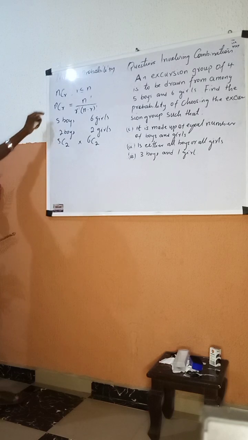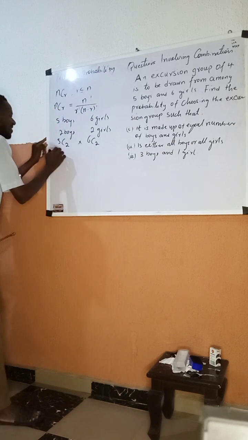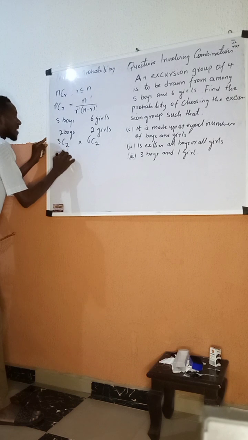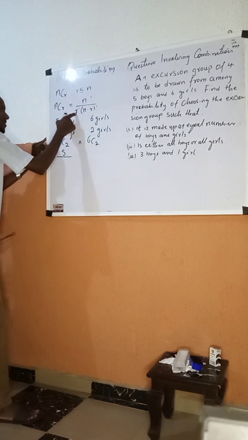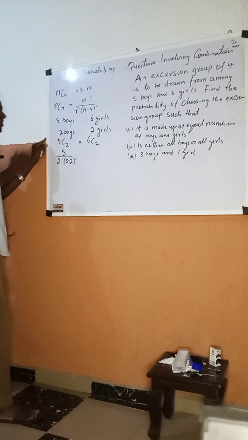And I'm going to express this 5 combination 2 the manner I expressed N combination R. This will become 5 factorial in place of N all over, then in place of R, I am going to have 2 factorial into 5 minus 2 factorial.